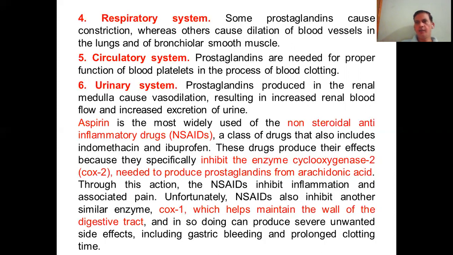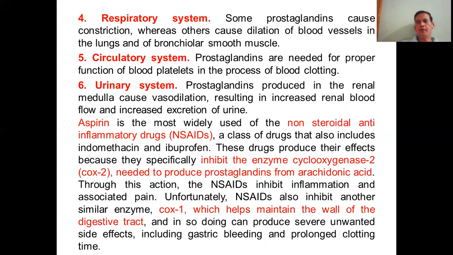Usually when there is a requirement of damaged blood vessel repair, let's say in the process of blood clotting, prostaglandins come into action. In the urinary system, prostaglandins produced in the renal medulla cause vasodilation. That results in increased renal blood flow and increased formation of urine.